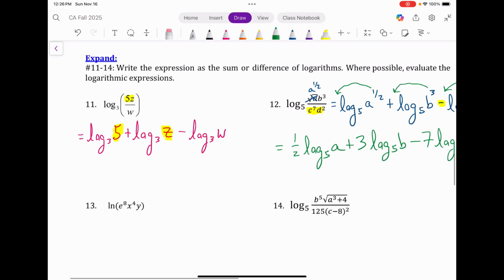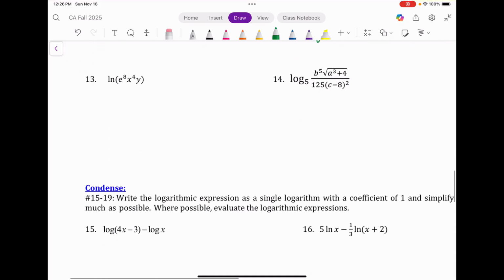All right. And then 13, we just have multiplication going on inside the argument. So we can separate this log into 3 logs through addition. Right, and they're all going to be natural log.